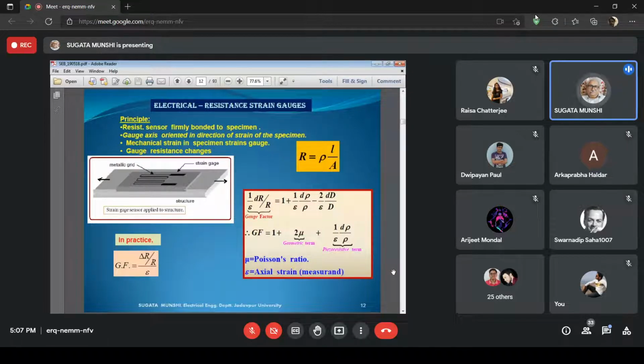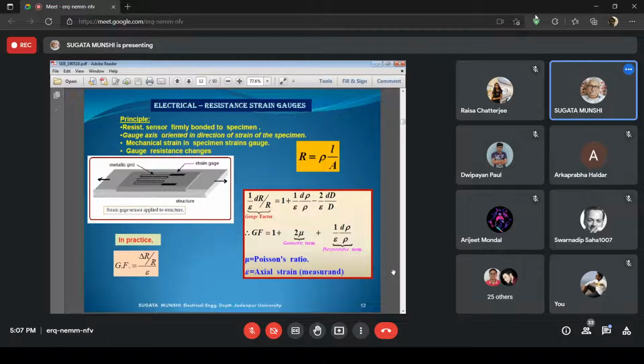With the help of appropriate cements, different types of adhesives that are available, this backing material carrying the resistive element is mounted or pasted onto the object whose strain is to be monitored.